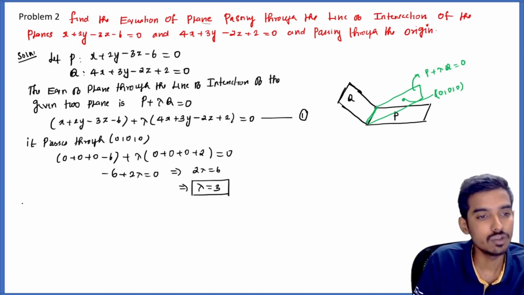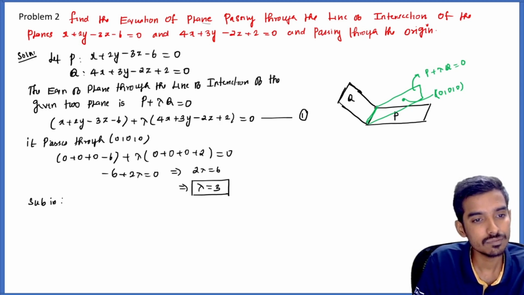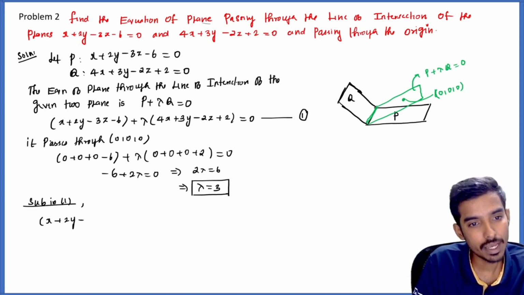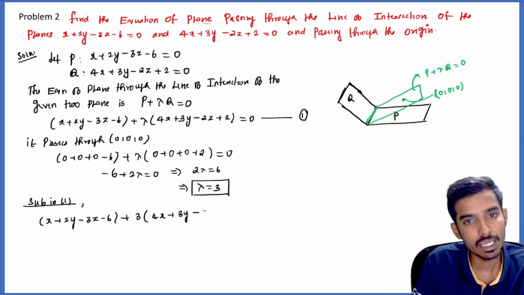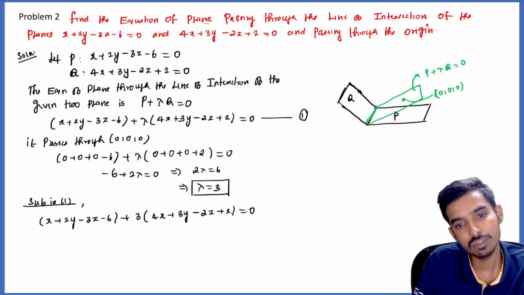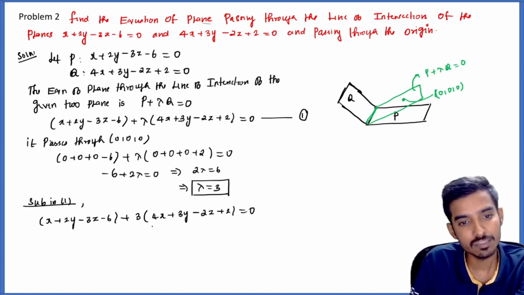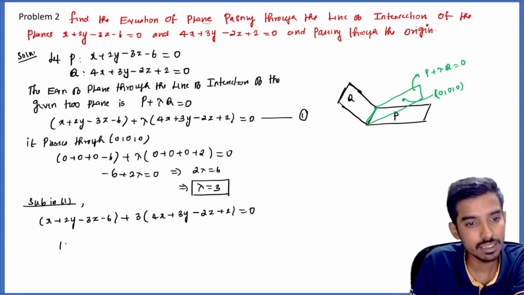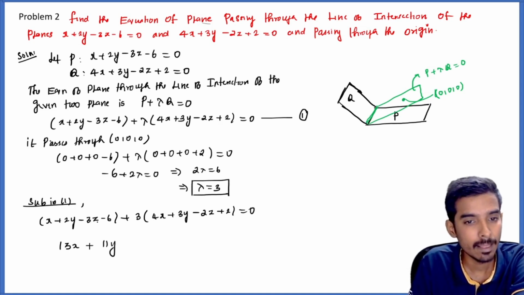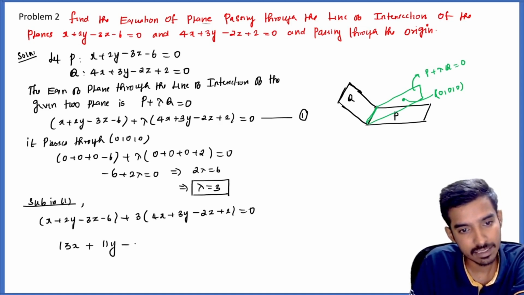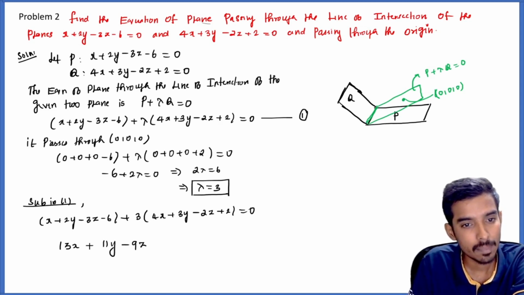Right? So substitute in equation number 1. So x plus 2y minus 3z minus 6 plus 3 into 4x plus 3y minus 2z plus 2 is equal to 0. So x plus 12x, it will be 13x. 2y plus 9y is 11y. Minus 3z minus 6z is minus 9z.